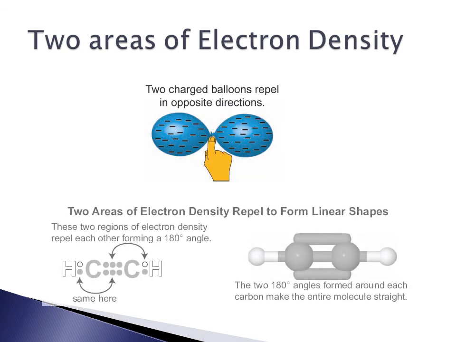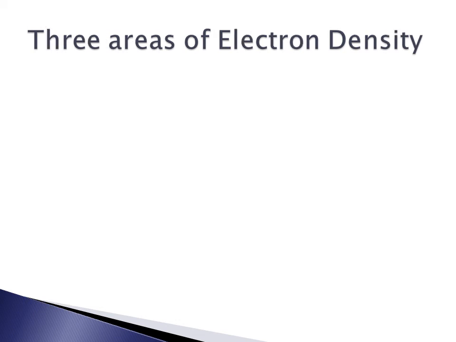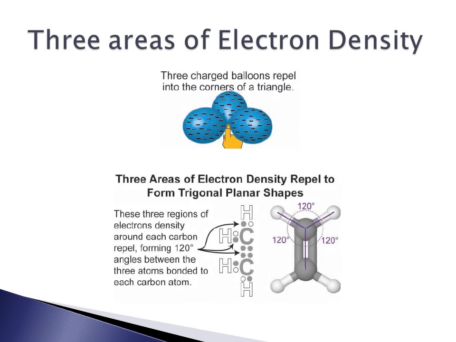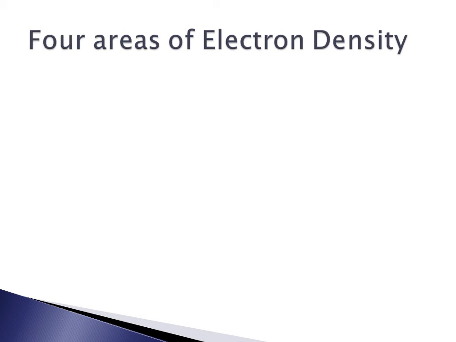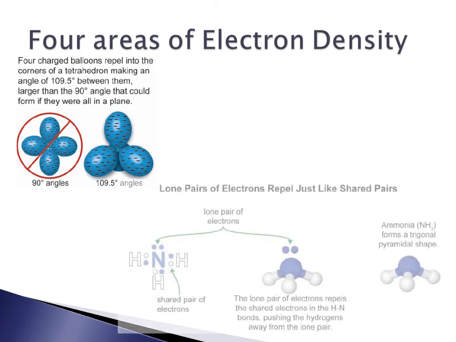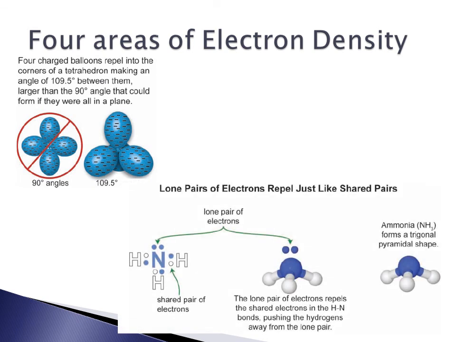Okay, this just explains a little more why 180 degrees is as far as we can get those bonds from each other. When we have 3 areas, again, a triangle is the farthest we can get those all from each other. And finally, the tetrahedral shape is so that we can get those away from each other.